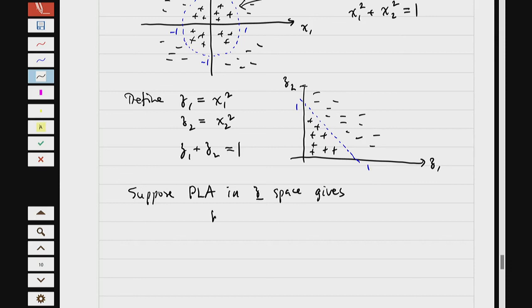It gives you h of z is the sign of z1 plus z2 minus 1. Again, in general, your PLA will give you some random answer. It doesn't have to be this line.